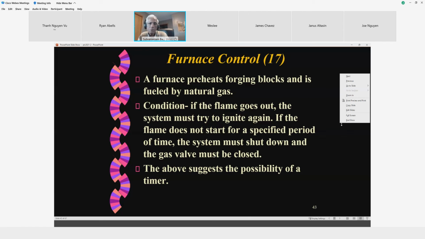And the whole stuff is powered by natural gas. The problem statement must be understood very clearly. So, furnace heated by natural gas. So natural gas must be controlled.